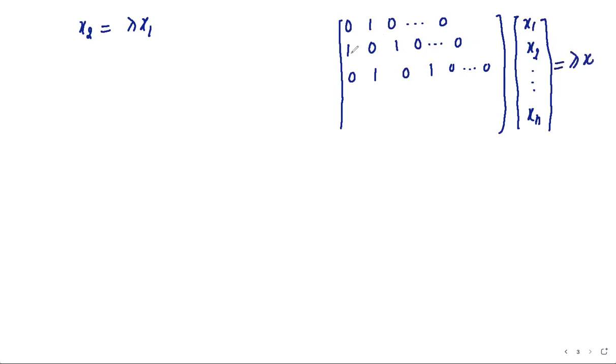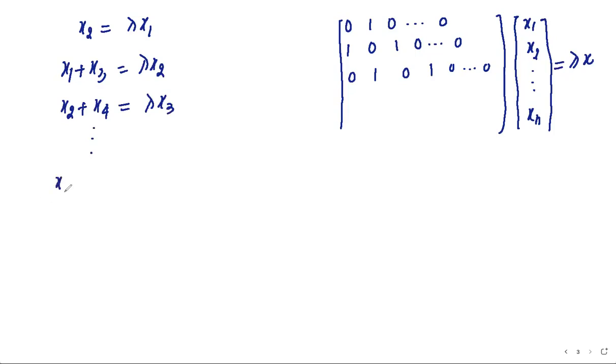Similarly, the second row has two non-zero entries, which get multiplied to x1 and x3. So we have x1 plus x3 equal to lambda times x2. Similarly, the third equation is x2 plus x4 equal to lambda times x3, and so on.